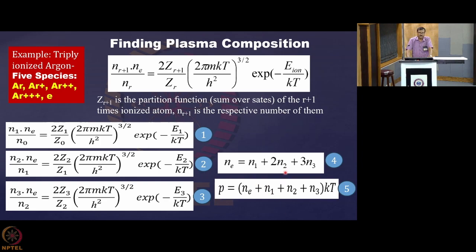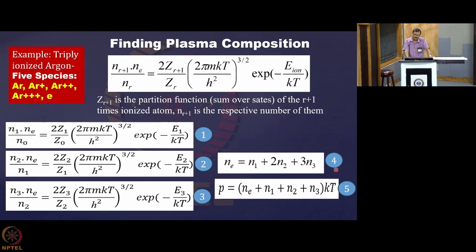So how do you get that? The other two equations we get from the fact that these electrons are coming from the ions. Each single ion is contributing 1 electron, a double ion is contributing 2 electrons, and the triple ions are contributing 3 electrons. So altogether they are contributing the total electron number density.